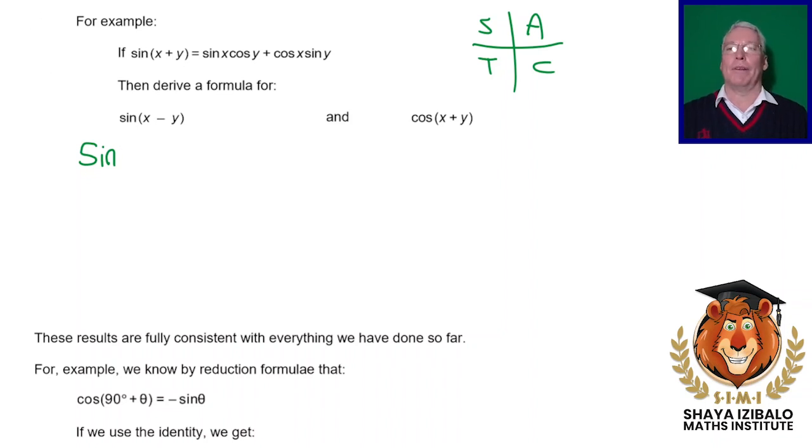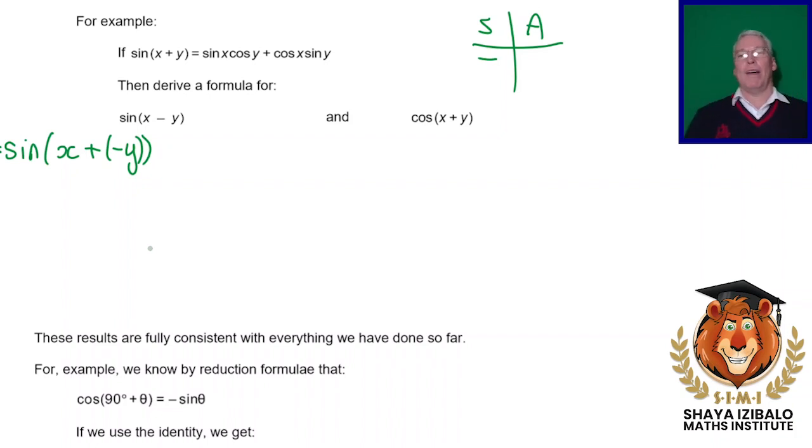I'm just going to start slightly wider on this. I think we're going to need quite a lot of space here, so I'm going to start right up against the edge here. Sine of x minus y is exactly the same as the sine of x plus minus y. We okay with that? All right.